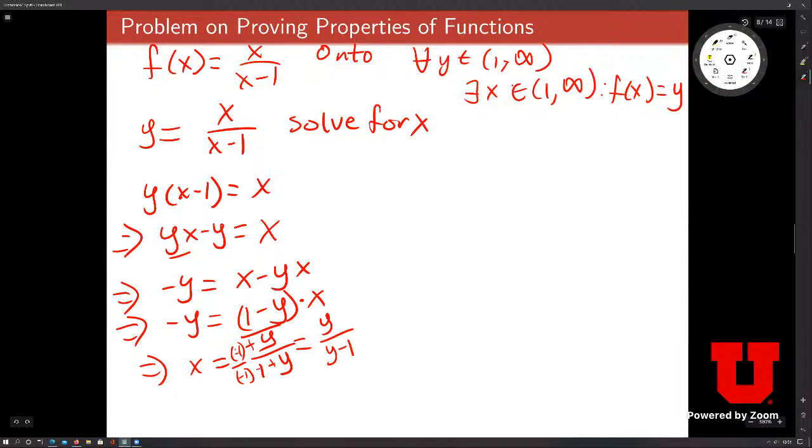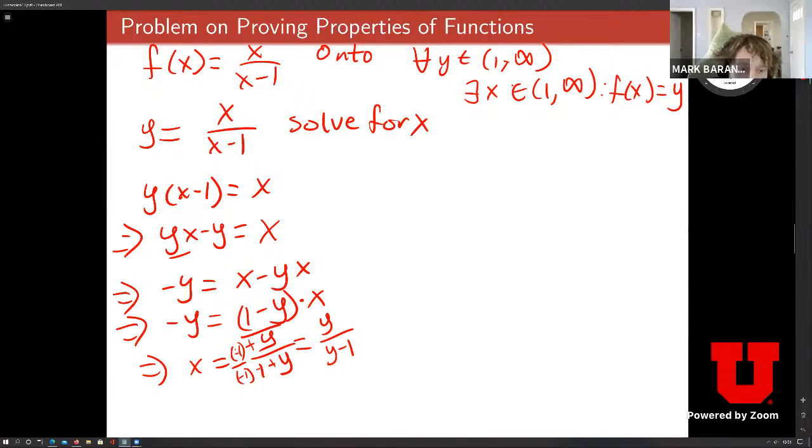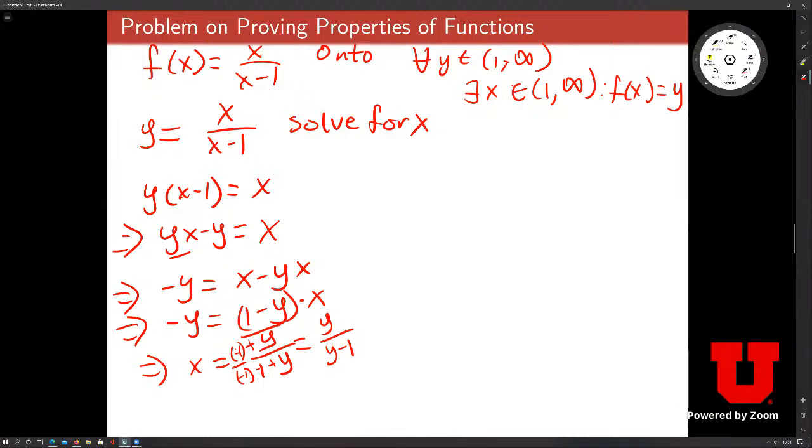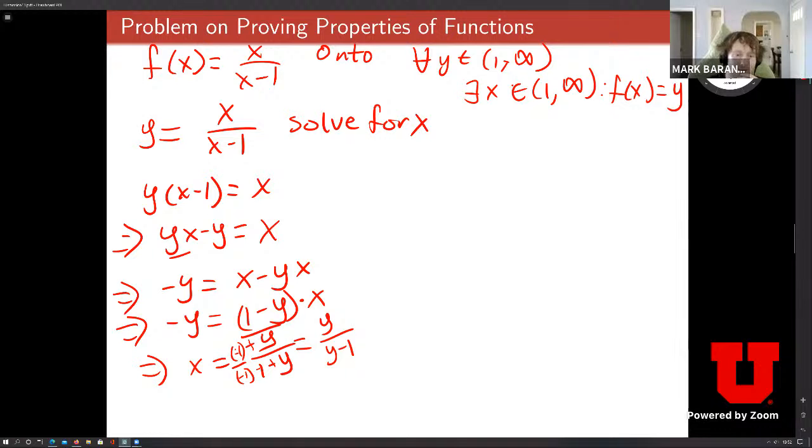I just am confused how you went from negative y equals 1 minus y times x to x equals y over 1 plus y. Can you tell me the step number?